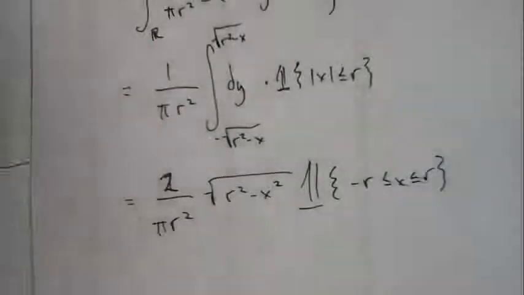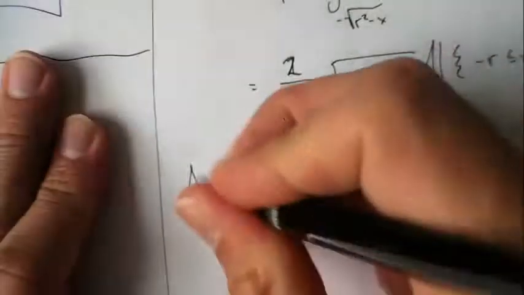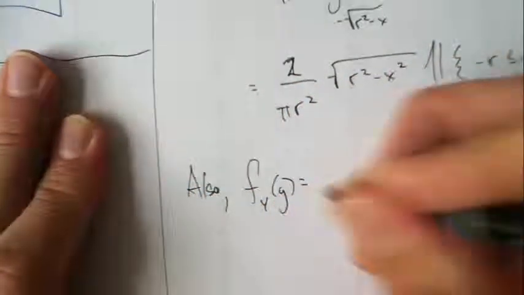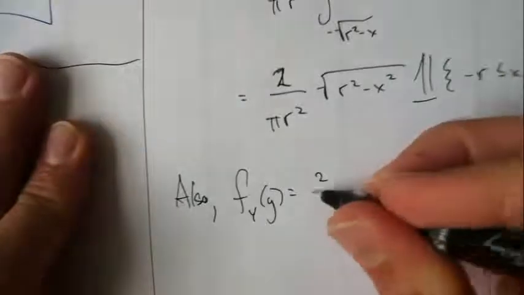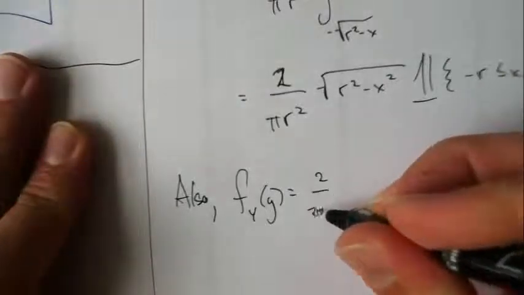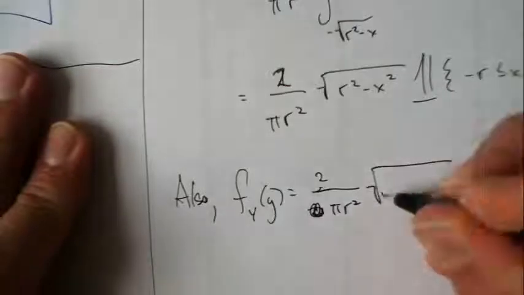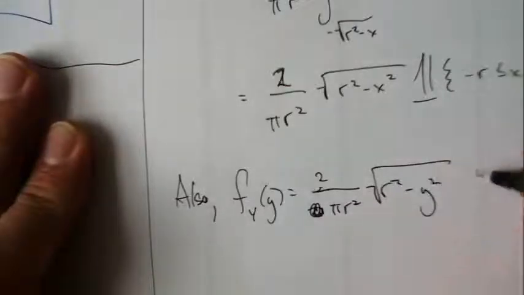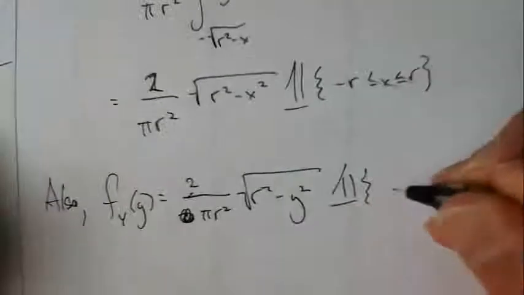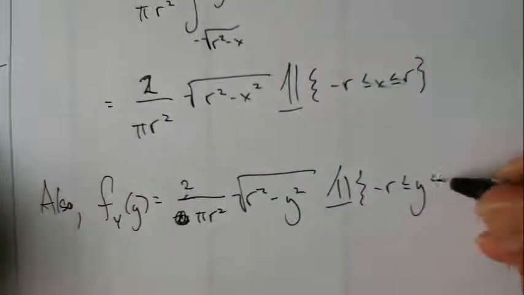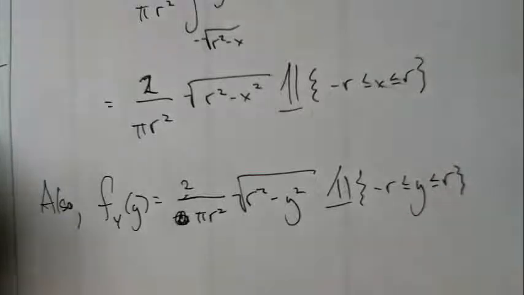And in fact, by symmetry, you should see that the marginal density function for the y variable is exactly the same thing: 2 over pi r squared, times root of r squared minus y squared, times the indicator of y being between negative r and r.